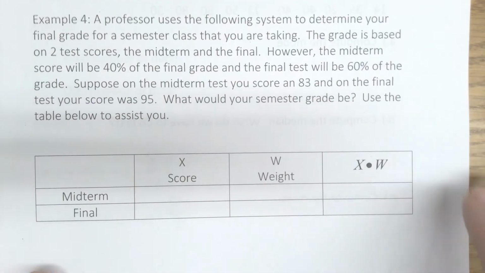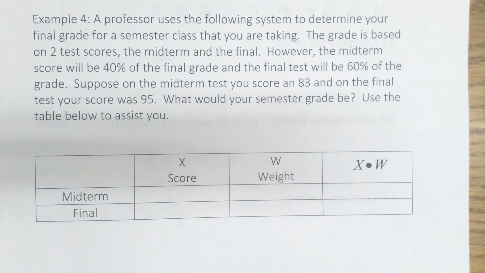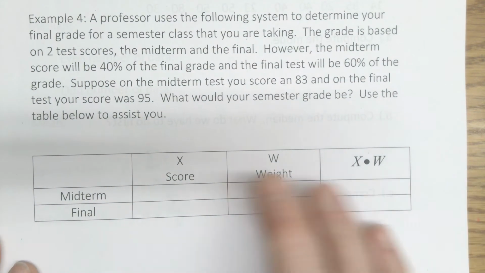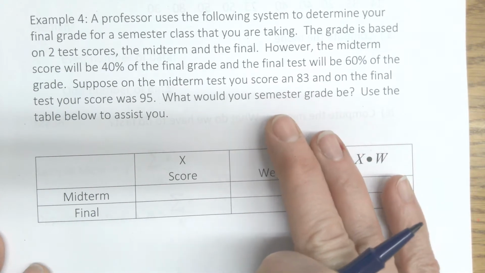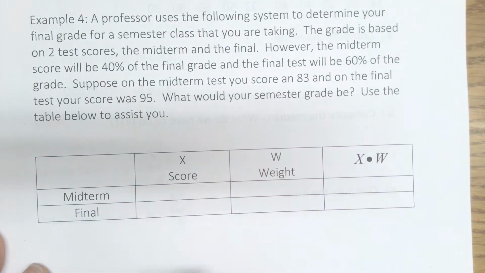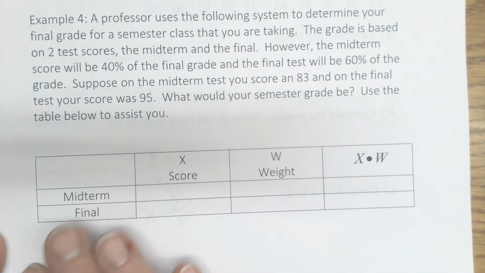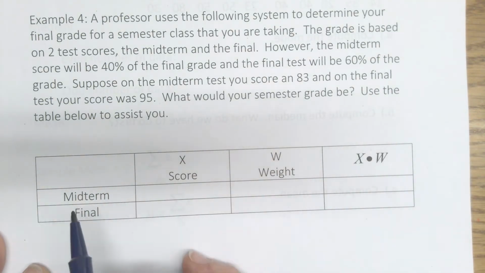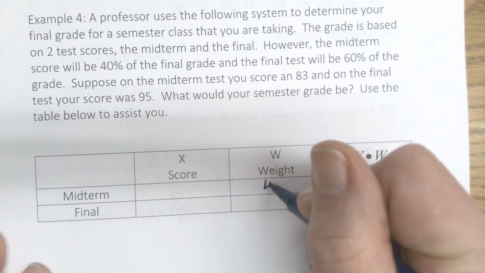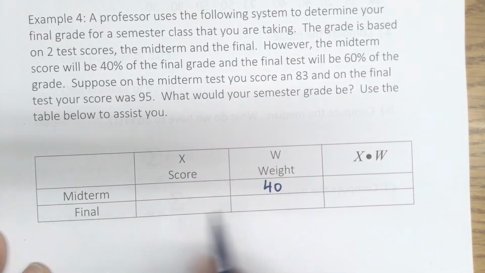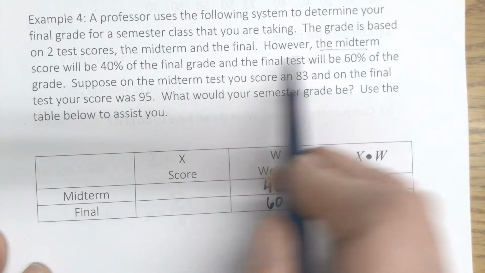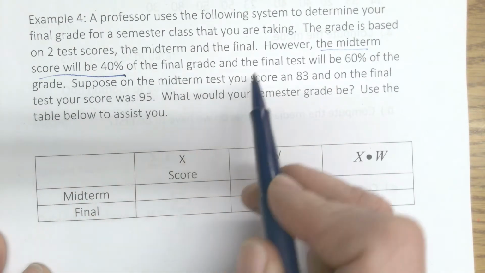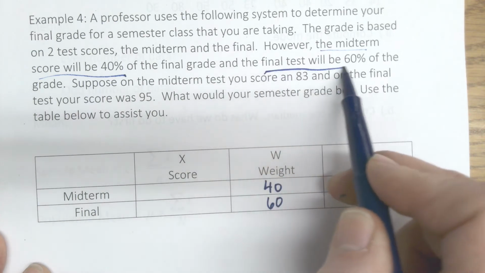If I look at this situation again, I always think it's easy to start weighted averages with grades, because a lot of times teachers will make certain grades count more than others. So in this case, the scenario is that the midterm has a weight of 40%, but the final has a weight of 60%. The midterm score will be 40%, and the final test will be 60%.